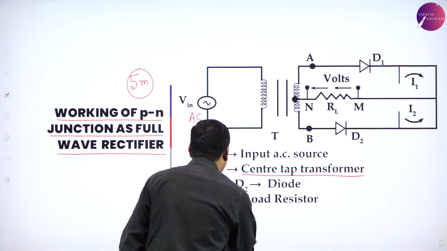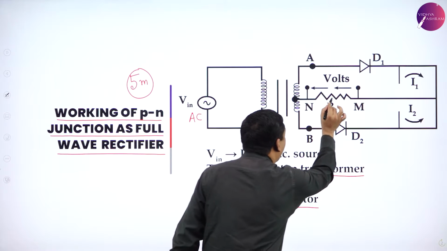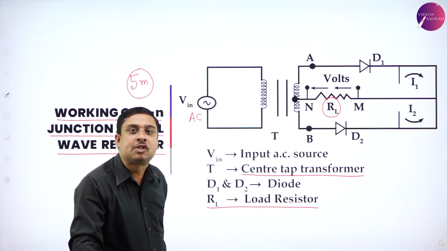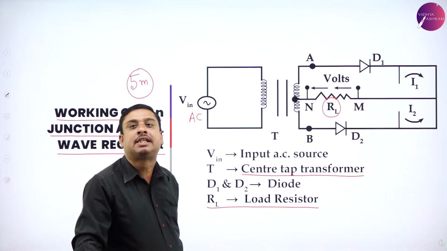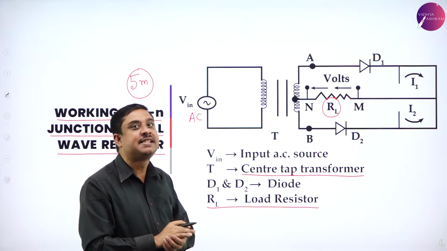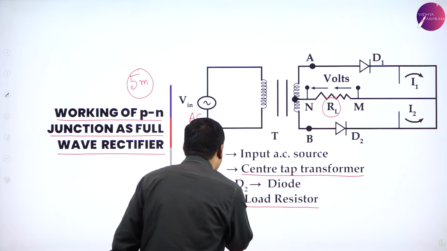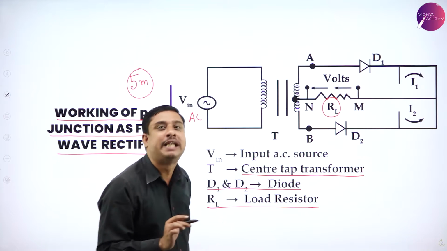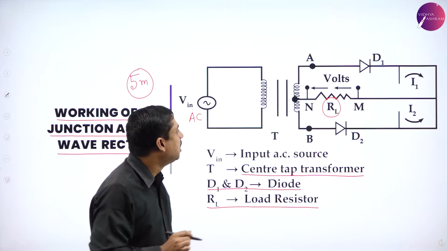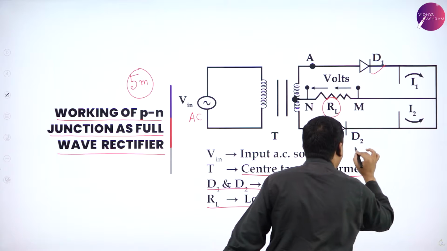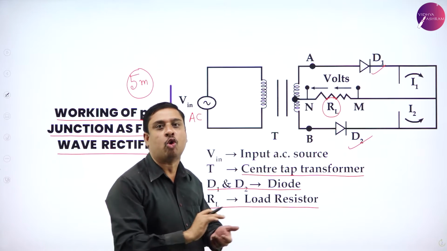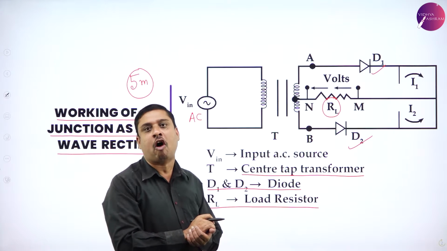Again, I have a load resistor RL across which the output is measured. But the only difference here is I am using two diodes, two junction diodes. So D1 and D2 are the two junction diodes which are used for rectification.